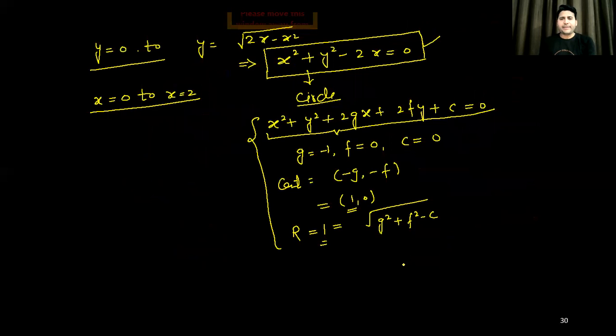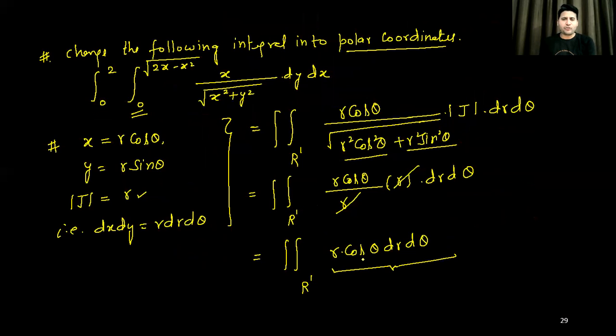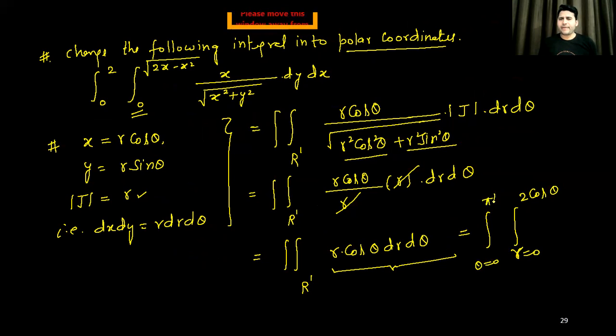So now put the limits in the integral which we are having over here. So this will be what, students? r equals 0 to 2 cos theta, and r is done. Now theta equals 0 to pi by 2, inside r cos theta dr d theta.